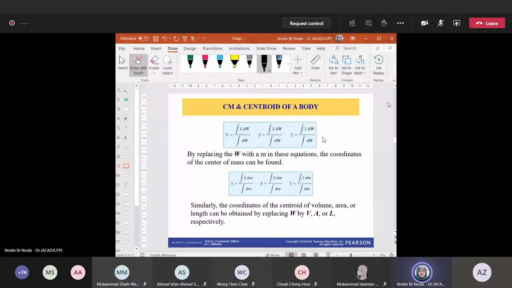So it would be x tilde dA over the integral of dA, not dW, because you need to find the area, right? And then y bar equals the integral of y tilde dA over the integral of dA.